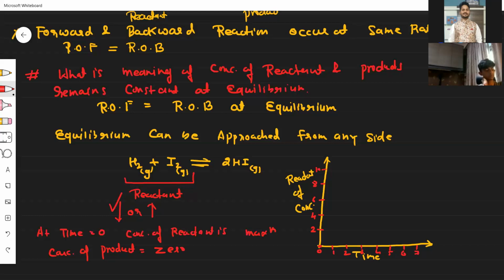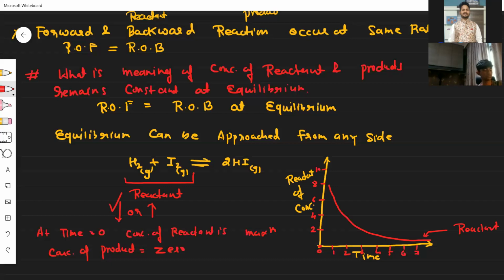So initially the concentration is going to be minimum for product, and the concentration of reactant is maximum. So we'll start from here. I'm going to start from here, and this is falling, falling, falling. A time comes, it becomes parallel to the axis. You can see the graph. So the graph which is decreasing, is it for reactant or product? This is for reactant, because the concentration decreases as the time is increasing.